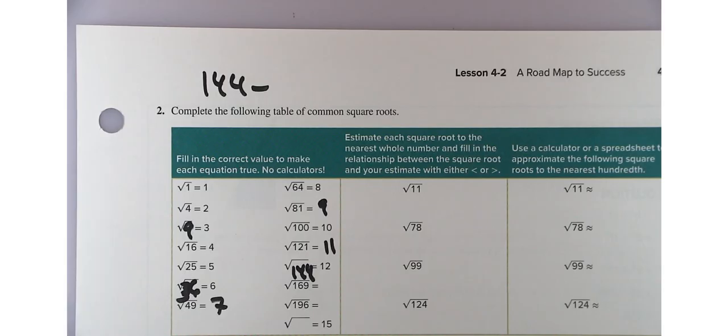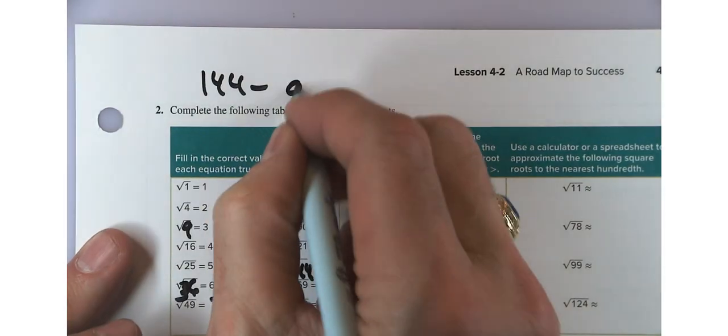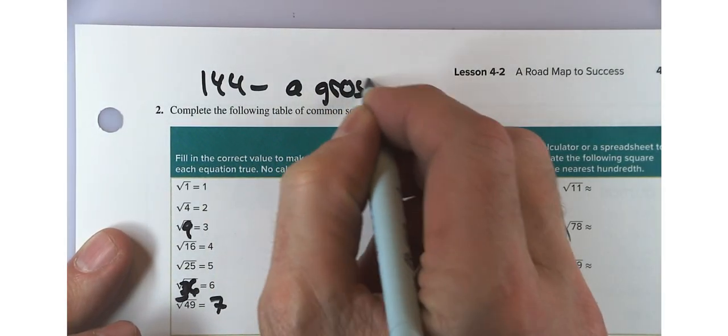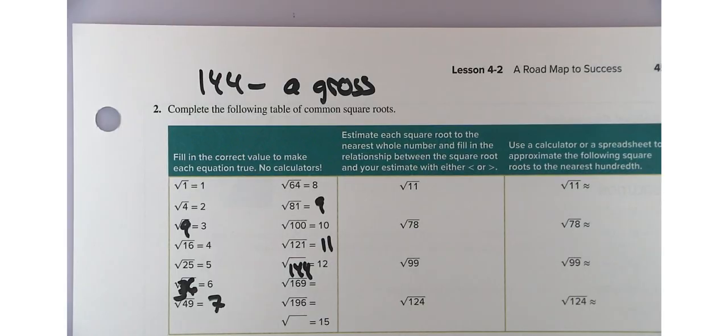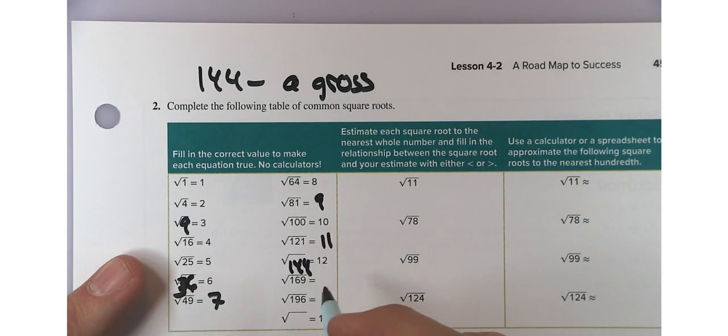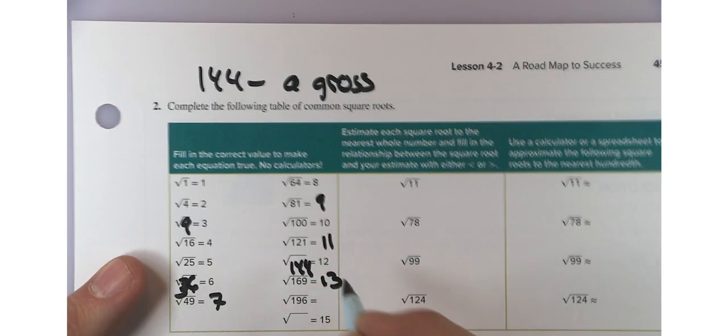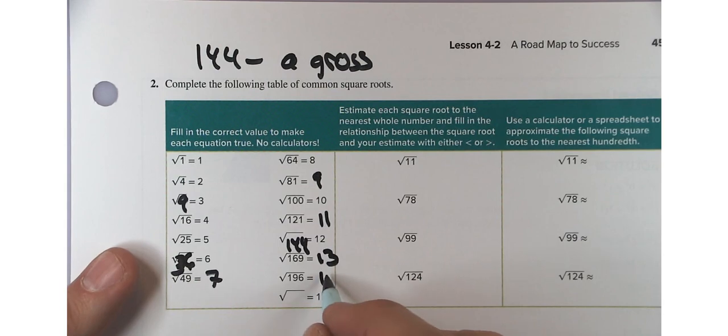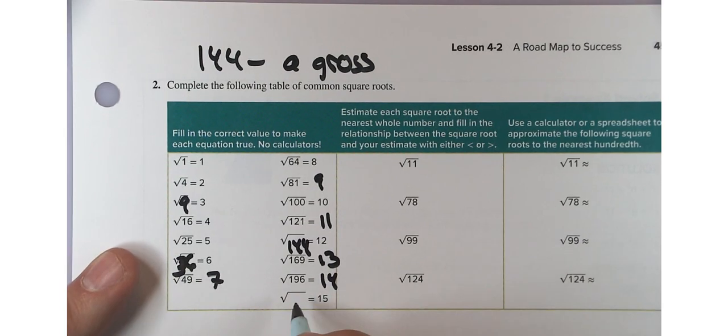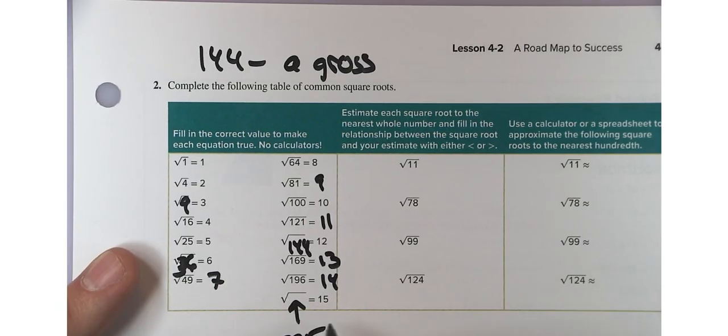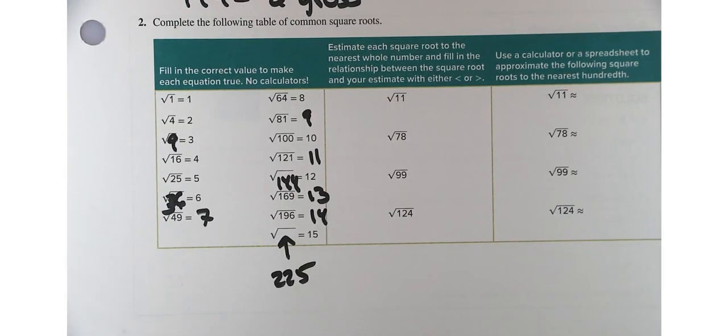A dozen dozen actually has a name. It's called a gross. So, hey, you're smarter than when you came in here. Good deal. Square root of 169 is 13. Square root of 196 is 14. And square root of 225 gives you 15.